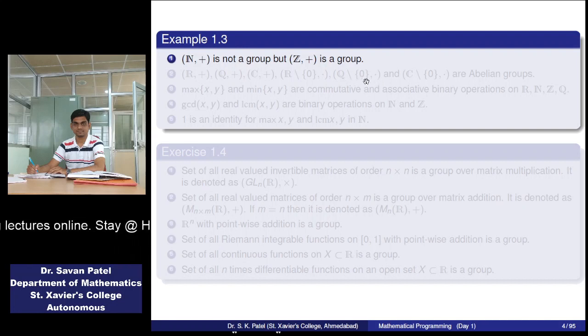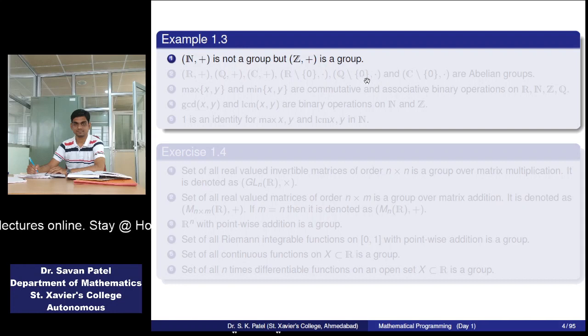But (Z, +) is a group. Here Z stands for all integers, while this one was just for natural numbers. Here all integers means positive natural numbers, negative of all natural numbers, and 0.